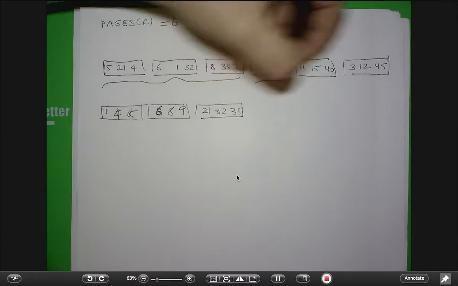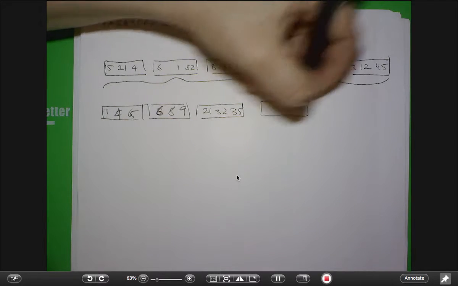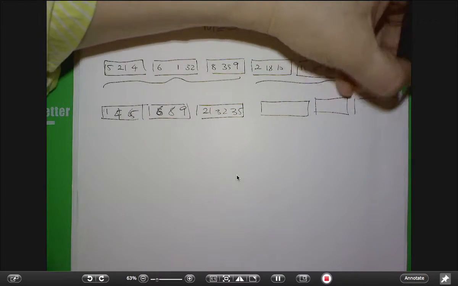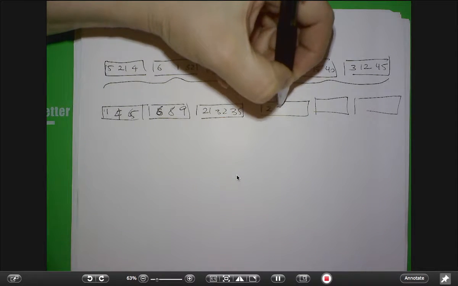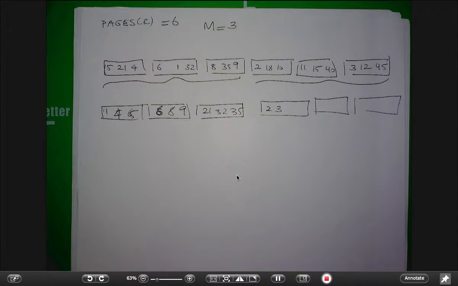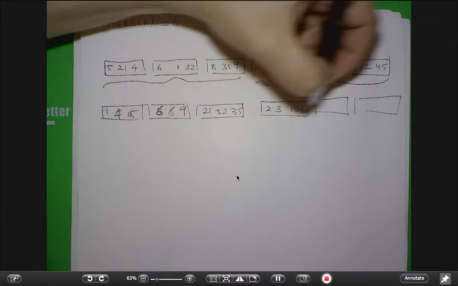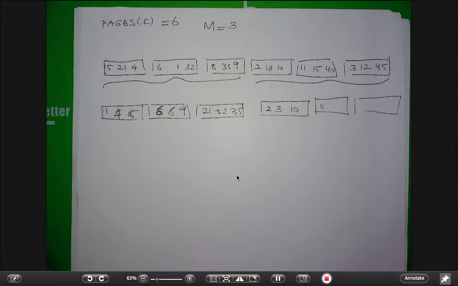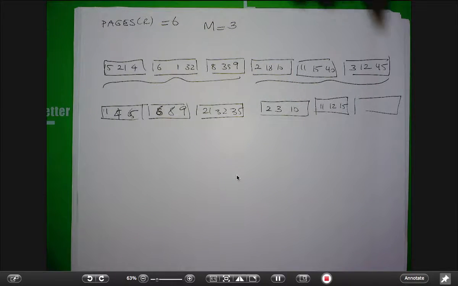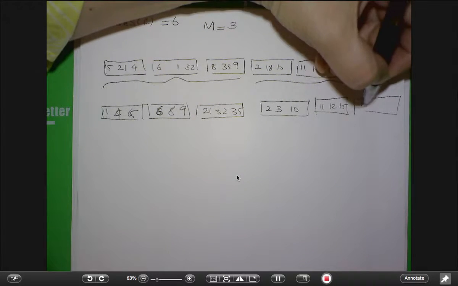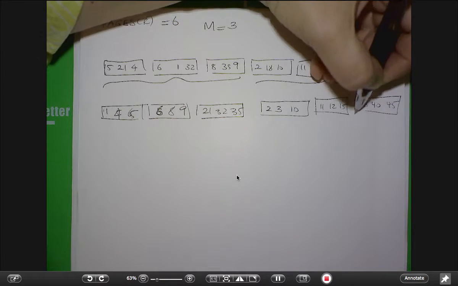And I'm going to do the same for these. So I'm going to sort these, like this.